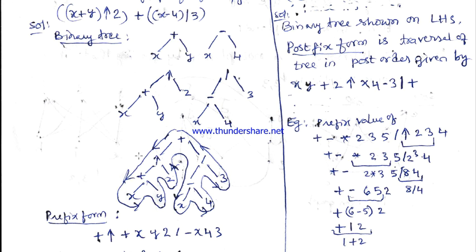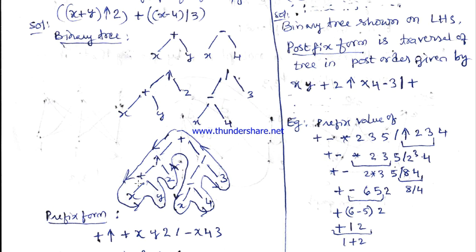By our shortcut technique method, suppose we want to find the prefix form. According to prefix form, the root vertex has to be visited first. So we have written in the order plus first, plus, then vertical arrow. Next again x is written.